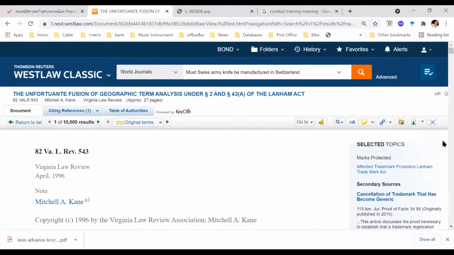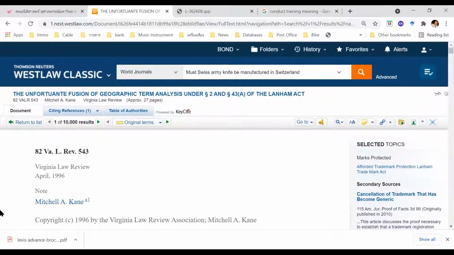So I have only a few minutes and cannot spend an hour to read through whole articles. Can you make it easy for me to know this article? Should I save it? Can you help me with this? Westlaw says, okay, if you have limited time, you just spend 5 minutes for each article.